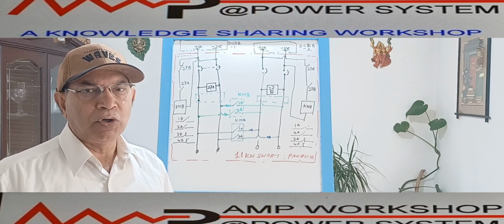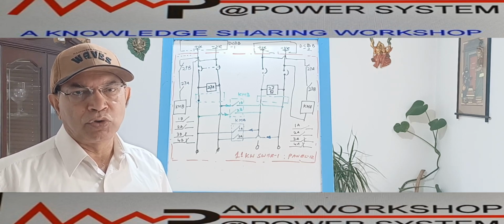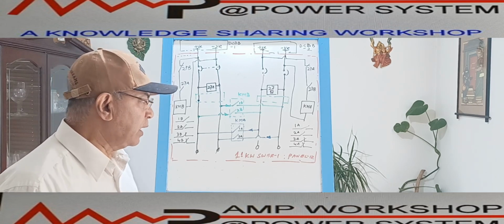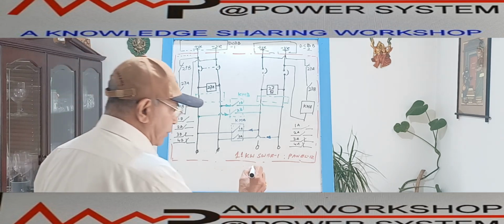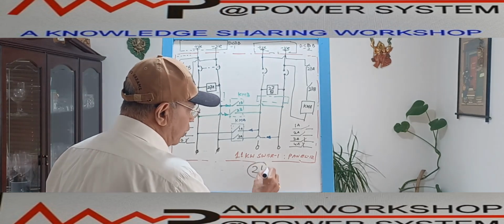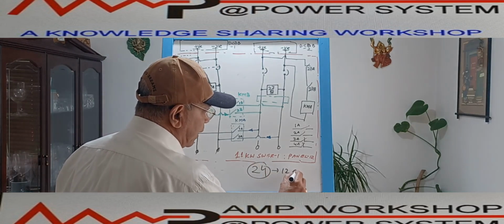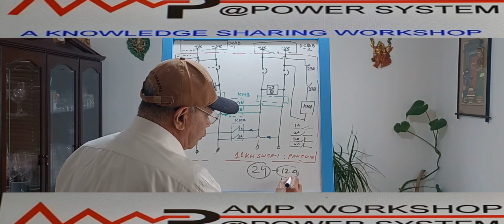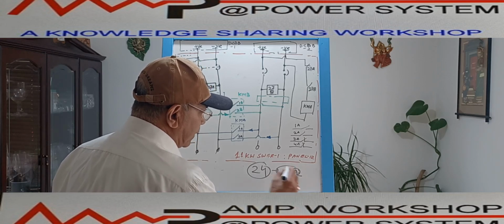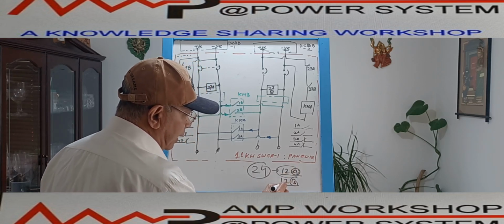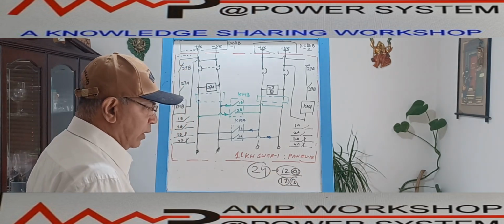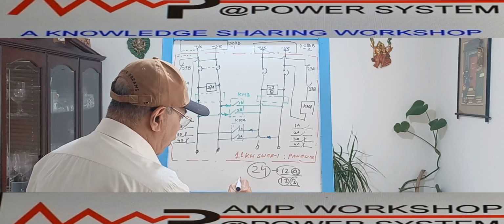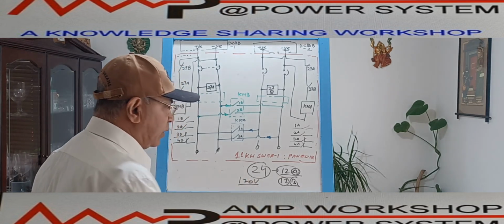Suppose a 120 volt DC supply is catering to a switchgear which has, say, 24 panels. Out of these 24 panels, 12 panels will be supplied by one source and another 12 panels will be supplied by the second source. Suppose source A supplies 12 panels and source B supplies 12 panels.